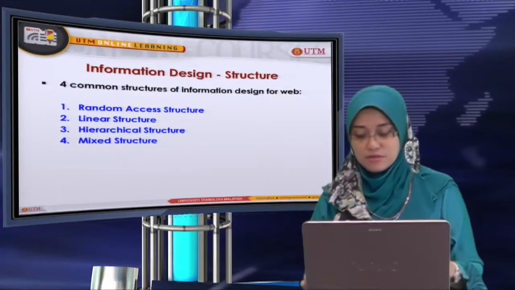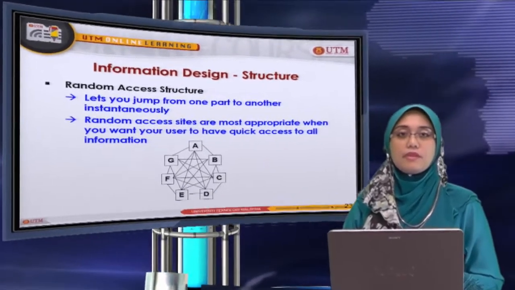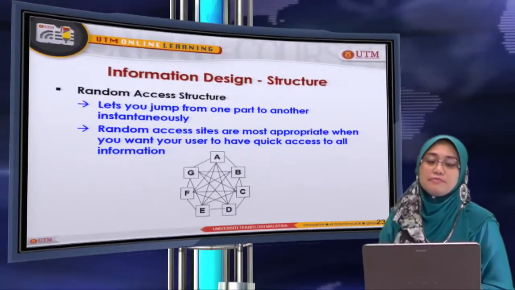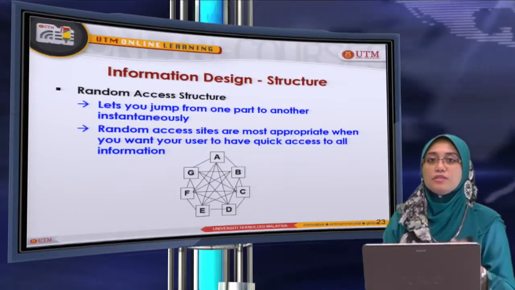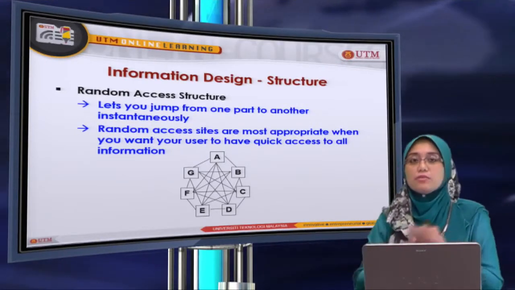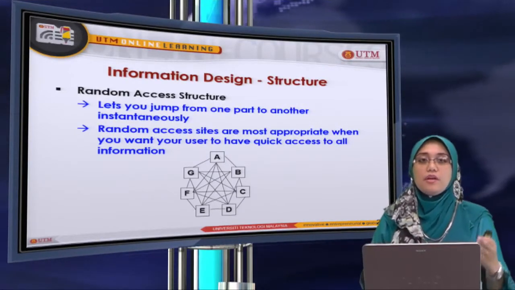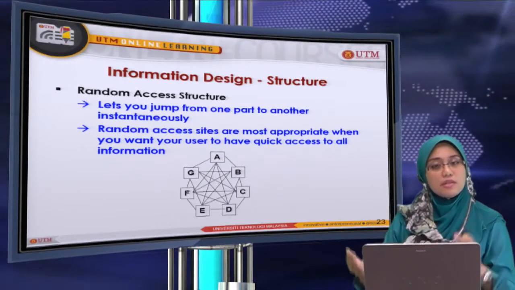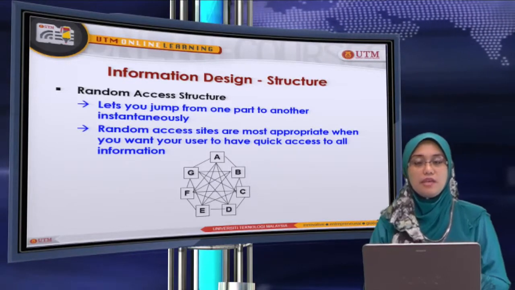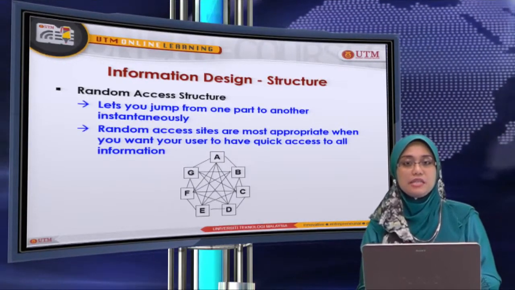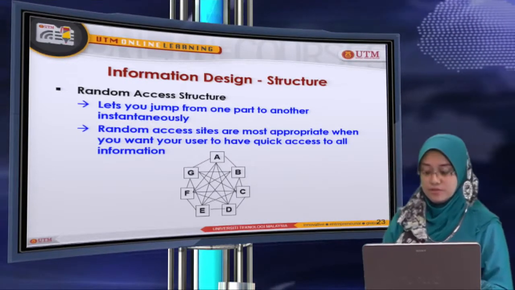And last, mixed structure. Random access structure. Random access sites are most appropriate when you want your user to have quick access to all information, from one part to another part. Let's take a look at this structure, A to B, C, D, E, F, and G.